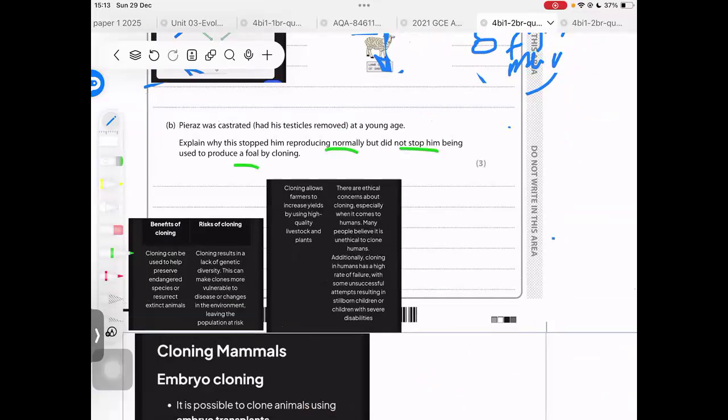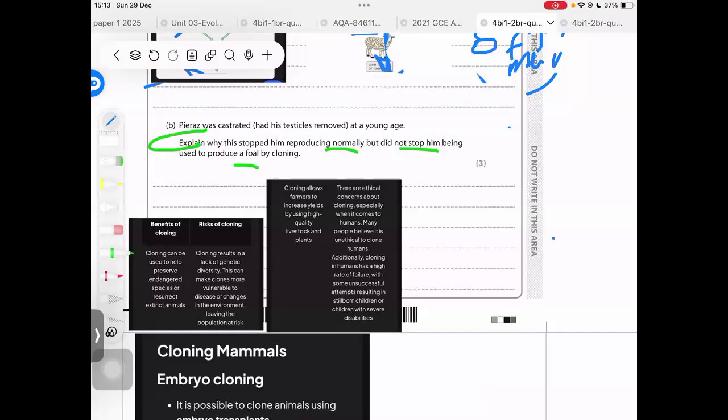When they say explain, that means they require justification in your answer. So why can't he reproduce normally? Because when testicles are removed, no sperms are produced.